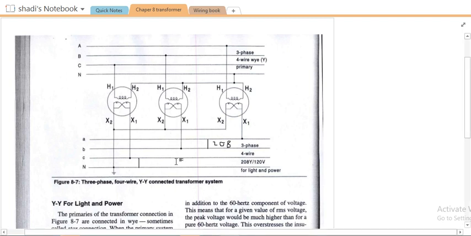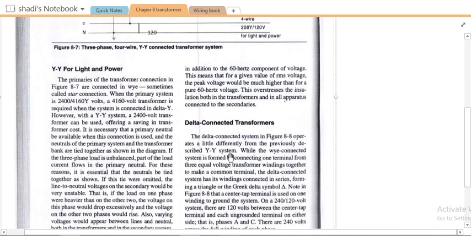However, the voltage between a live line and the neutral is going to be 120. Using typing would be much better. Okay, very good. So this is what we have with the Y-Y connection, and at the end we find that we have two voltage levels at the secondary part of the transformer.